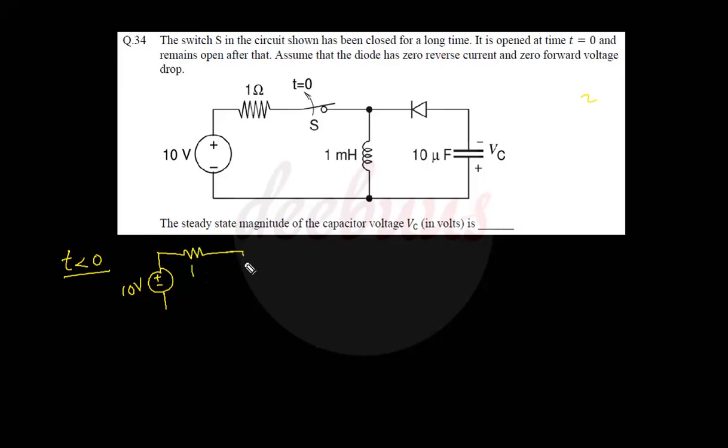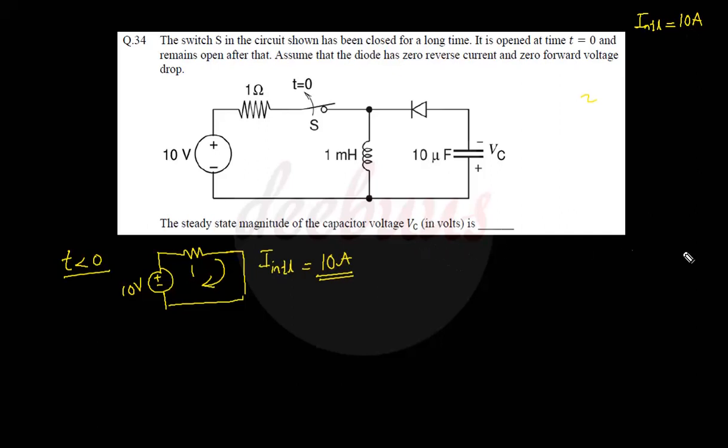The switch is closed and the inductor is short circuited. Now the initial current I initial equals 10 by 1, that is 10 ampere. So I am marking this initial current here also, I initial equal to 10 ampere.